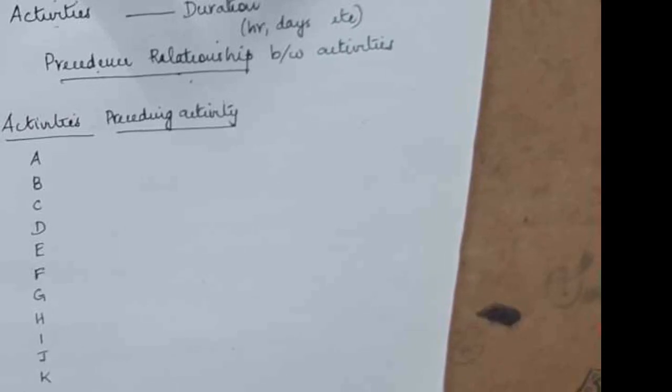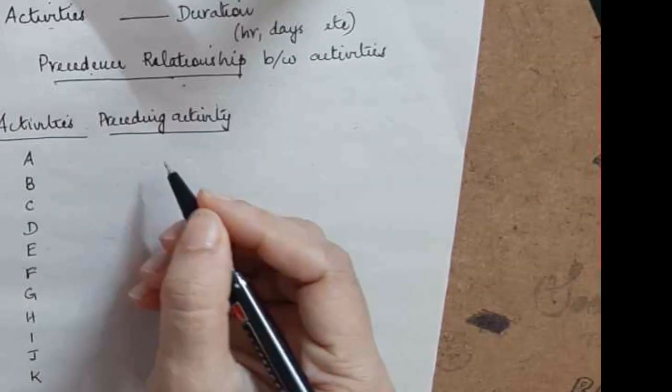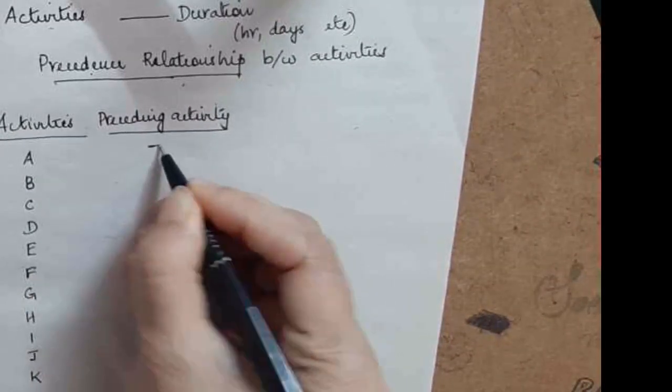Now they have certain preceding activities. A and B do not have any preceding activities.